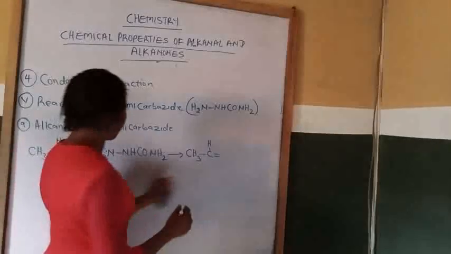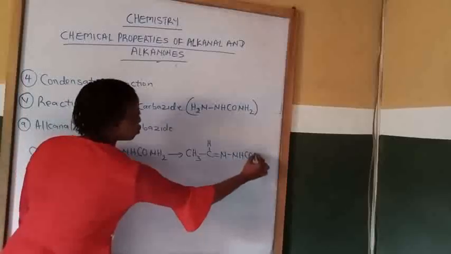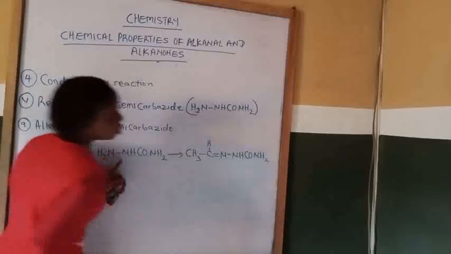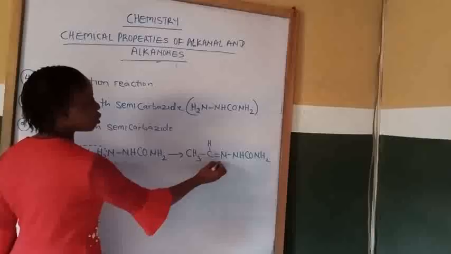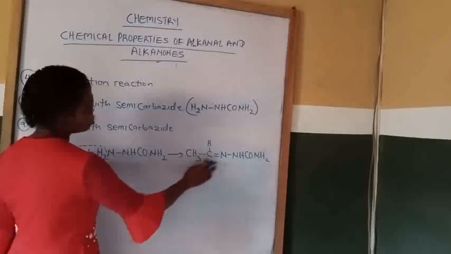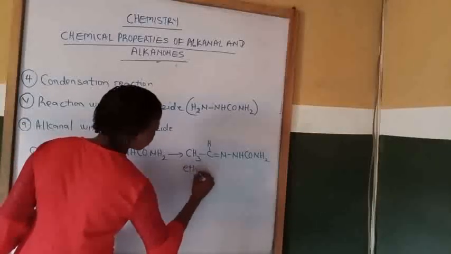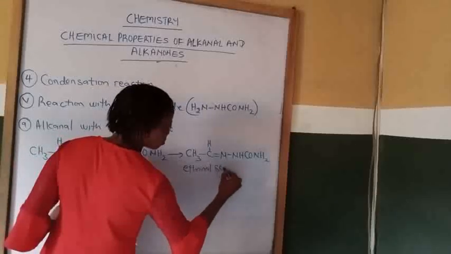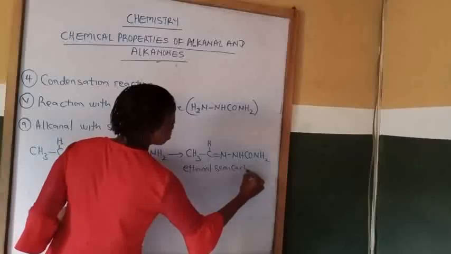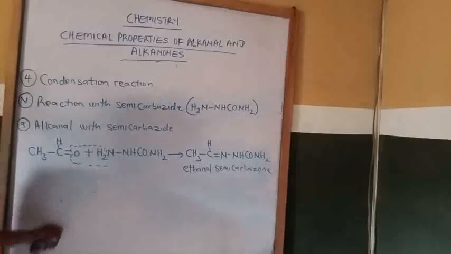So our products will now be NHCO NH2. So we can name the product formed now. We have 2 carbon atoms from alkanal, which is the second member of alkanal, called ethanal. So we call it ethanal semicarbazone. That is the name of the product formed.